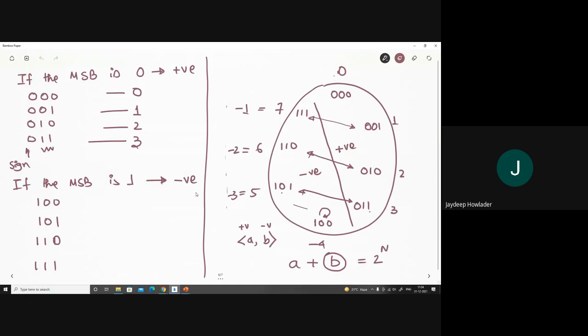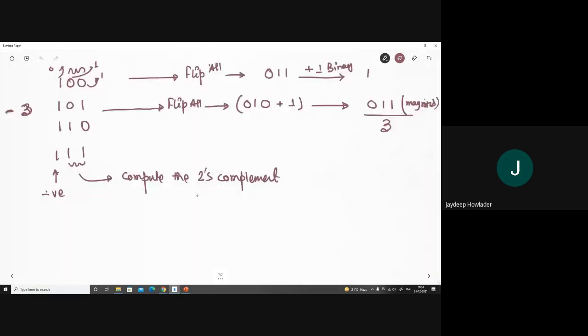Yes. So this number is mapped to -3. Clear?